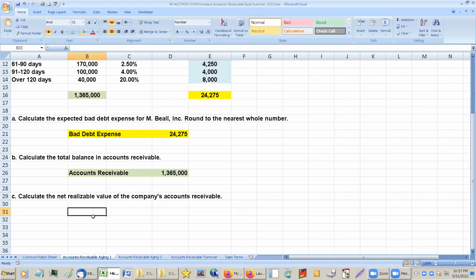Calculate total balance in accounts receivable. Okay, so we have the allowance for doubtful accounts. That's right, I did that down. Accounts receivable.